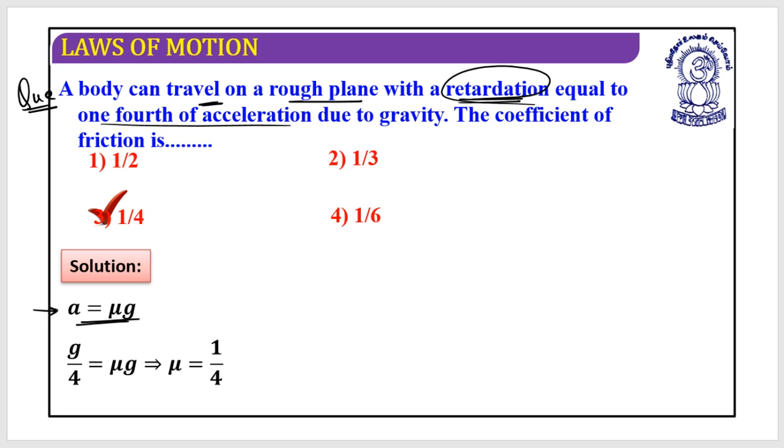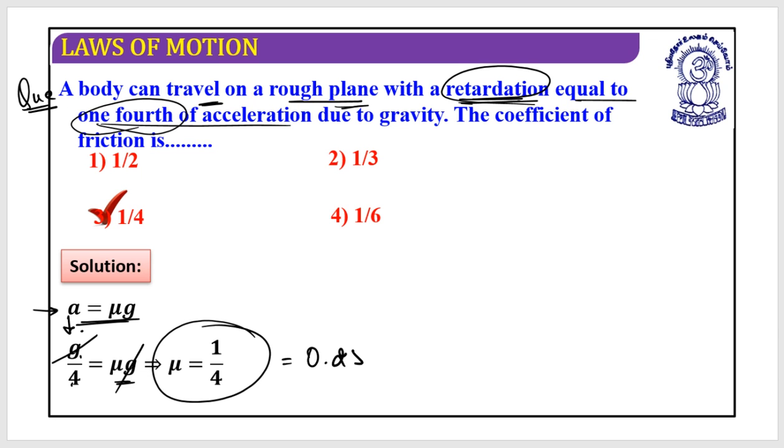According to the data, the retardation equals 1/4 of the acceleration, so a should be equal to g by 4. This g by 4 should be equal to mu g. This g has gone, and mu is equal to 1 by 4, which is 0.25.